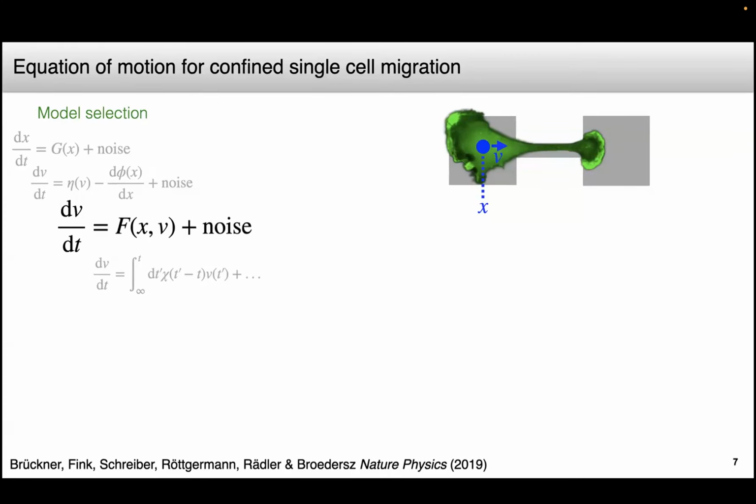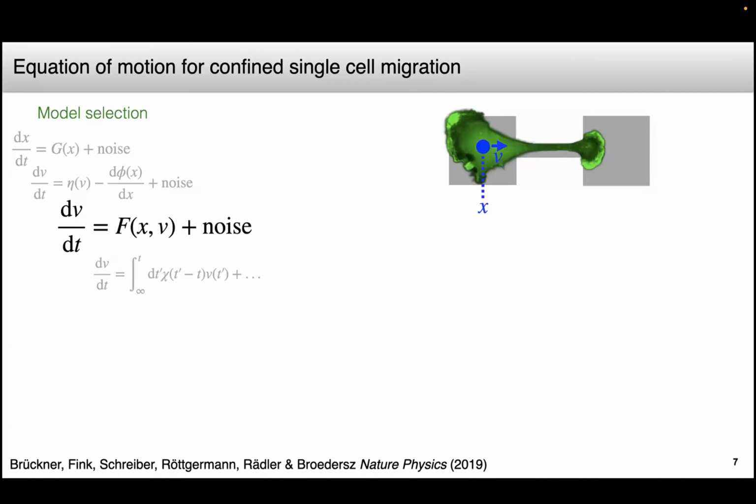But you could also argue that a migrating cell is really an active system. And in an active system, activity can introduce a new time scale that essentially creates an effective inertia in the problem, even if you're at low Reynolds numbers. So maybe we should really be considering underdamped equations of motion.